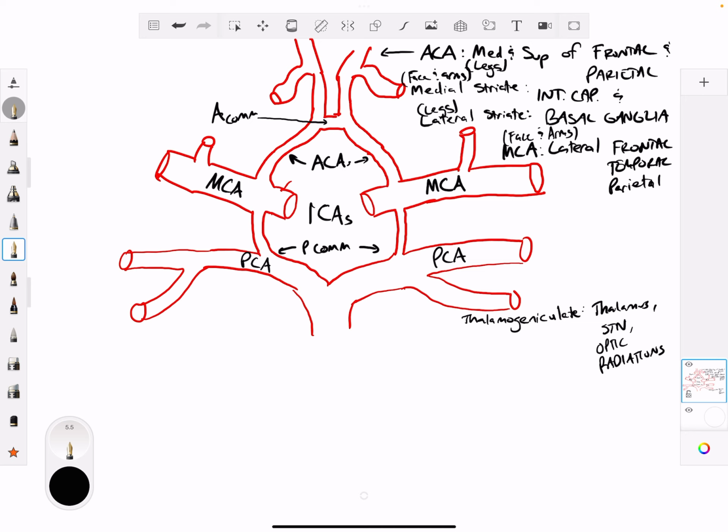Now, the superficial division of the posterior cerebral artery serves the more medial aspects of the parietal lobes and occipital lobes.